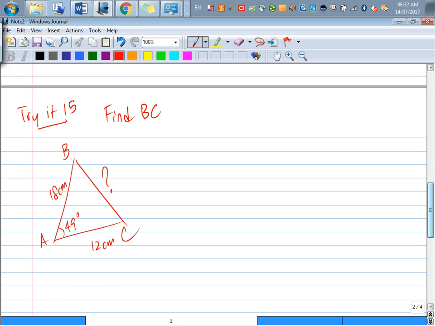Darren, have you done it? Try it 15 to find the length of BC.